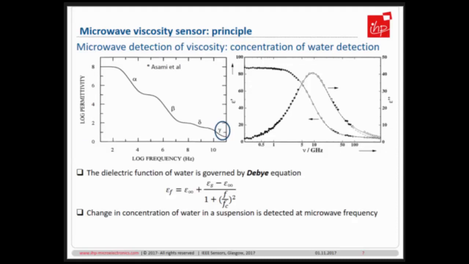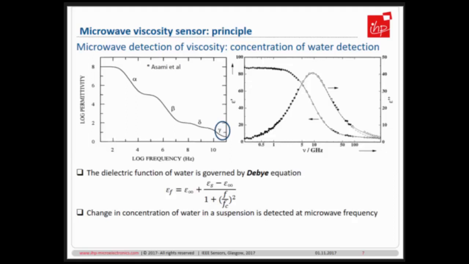As I told, the viscosity of the sputum would change, and that would change the concentration of water. When you change the concentration of water, you're actually changing the dielectric permittivity of the material, so you can detect the dielectric change and relate that to the viscosity change of the material.